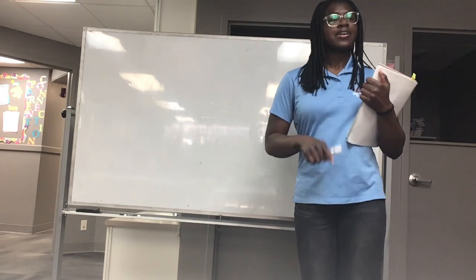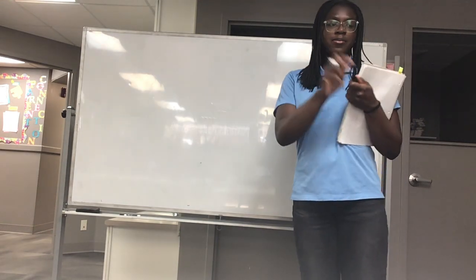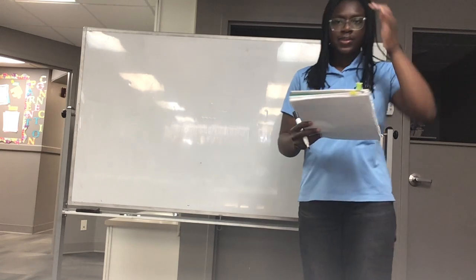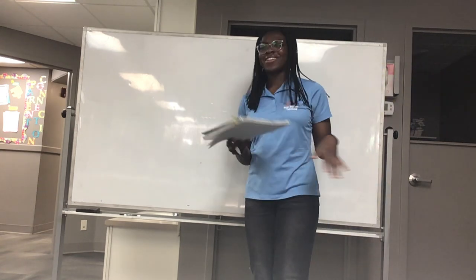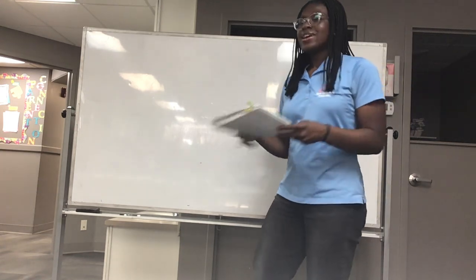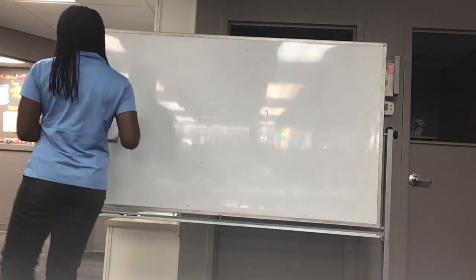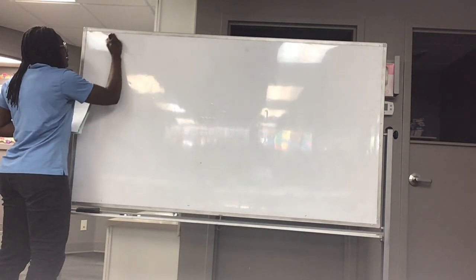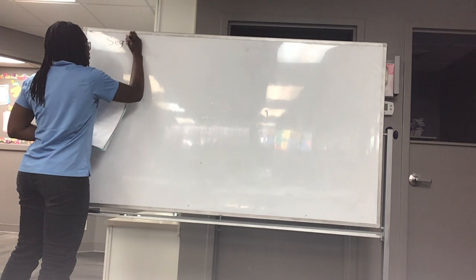We're going to start off, right at the top of the packet, talking about lines and line segments. I'm sure you guys know what a line is, what a line segment is. So up here, we're going to start talking about something called the segment addition postulate.